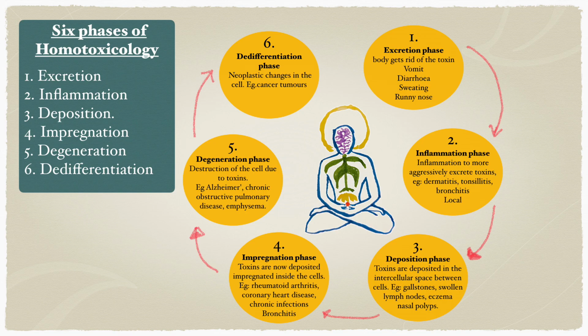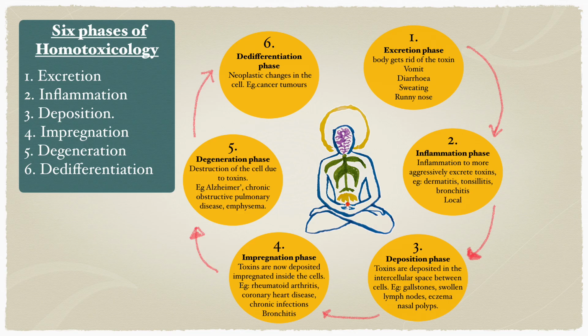So in this slide, we have the 6 phases of homotoxicology. These are the different phases that the body goes through. If the first phase is successful, then obviously it won't go on to the second. But if it's suppressed, then it goes deeper and deeper into our bodies. So the first phase is excretion.